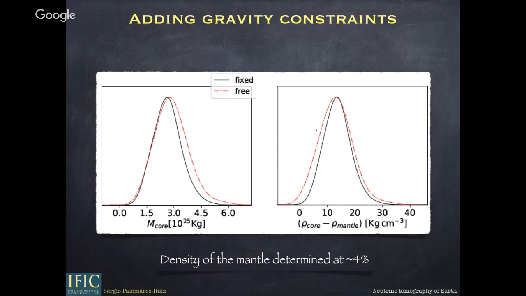On the contrary, the density of the core doesn't change much. Adding the mass of the Earth and the moment of inertia of the Earth as an external constraint, which is basically fixing those given the uncertainties, doesn't change the determination of the mass of the core using neutrinos. So it doesn't change how sensitive neutrinos are to the core, but it does affect the mantle. So this is the answer.